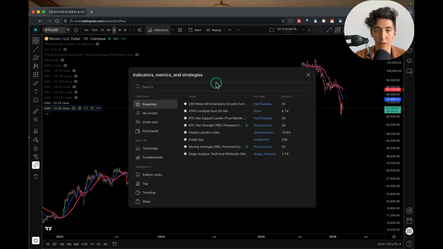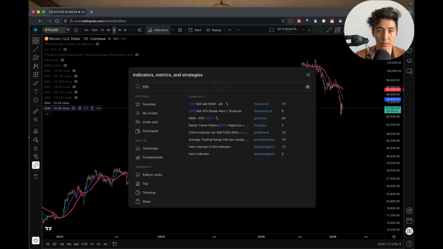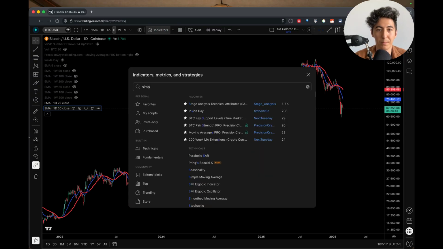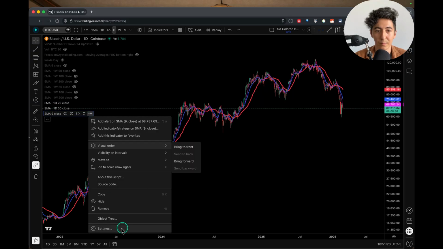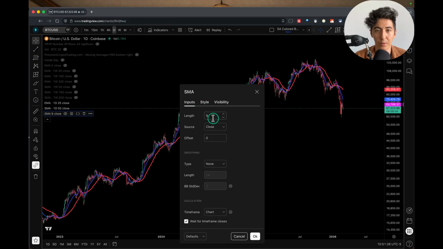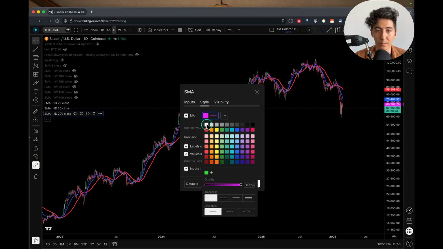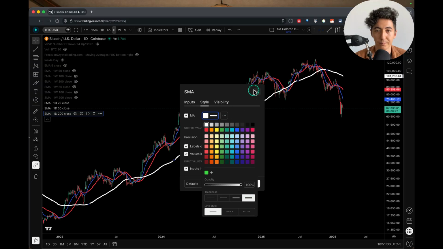Then you would do another simple one: settings, inputs, 200, time frame 1 day, style white, and I like to make this one the thickest.